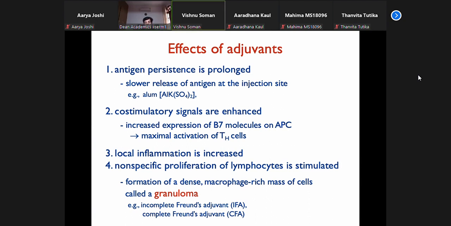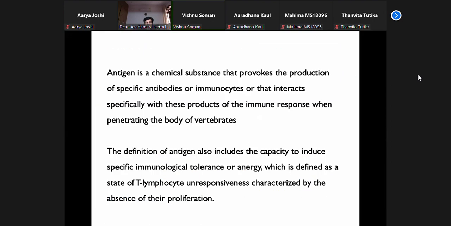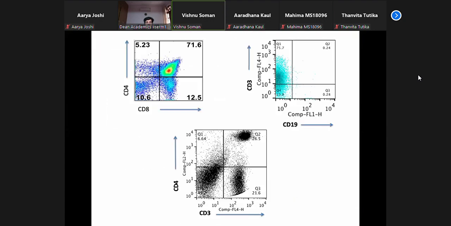Fine, sir. Another point: in the last class you had discussed the images of FACS, flow cytometry. In the third image, you asked what the cells in the fourth quadrant signify. While answering that, your voice was broken, so we couldn't hear. Could you repeat that point? Whether they are cytotoxic T cells or not?